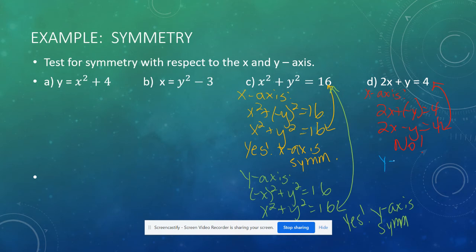And then if I plug in a negative for x to check the y-axis symmetry, 2 times negative x is negative 2x. So if I check the original with the new one, they are not exactly identical, so there is no y-axis symmetry either.